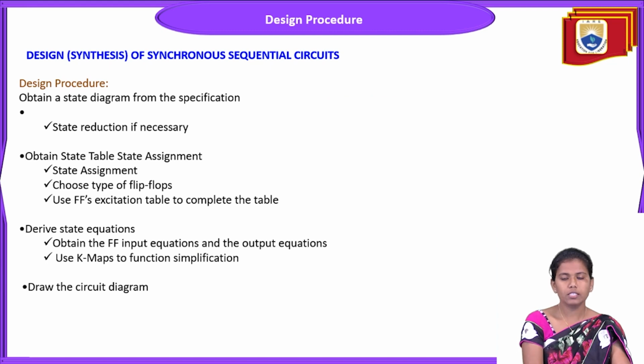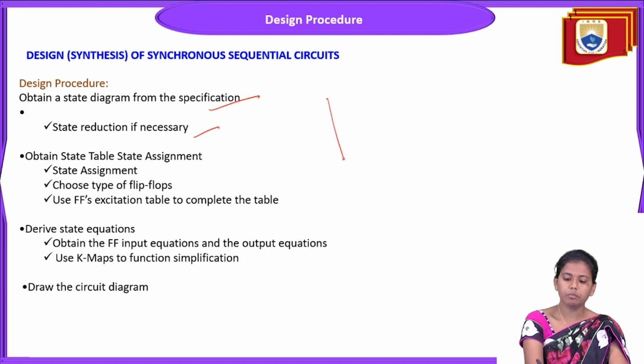And then the design procedure. In order to synthesize the synchronous sequential circuits, we have a design procedure. Here, we obtain a state diagram from the specifications, with state reduction if necessary. The design procedure of the synthesis process goes with obtaining a state diagram.